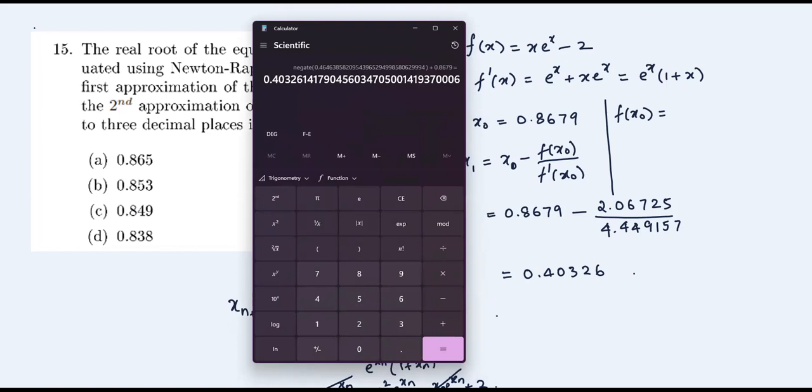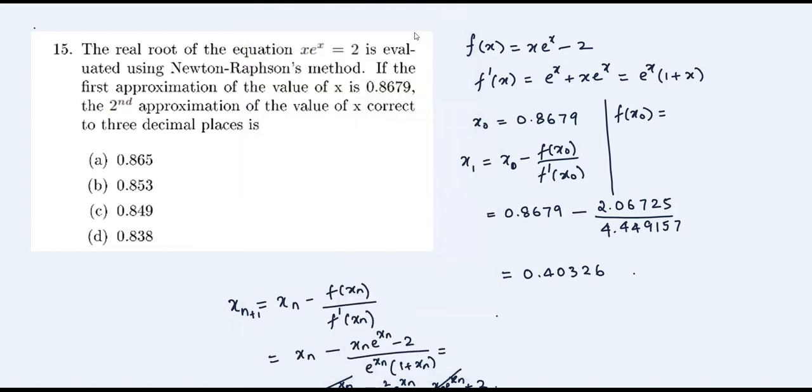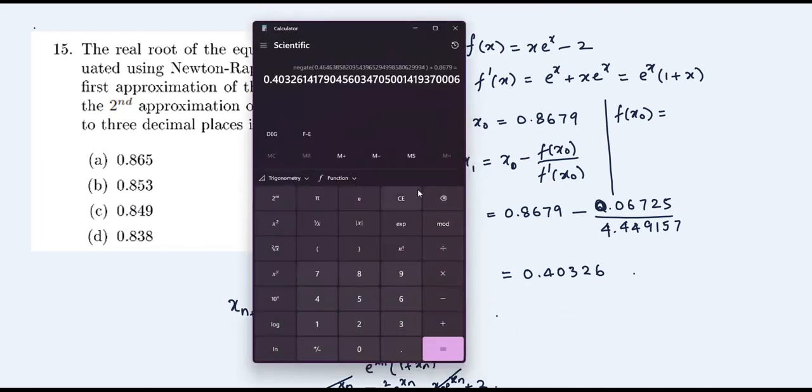Sir, in f of x, in f of x naught, we need to do minus 2. Okay. I didn't do that. So this is 0.06. Okay, I made that mistake. So if that is the case, 0.06725 divided by 4.449157.